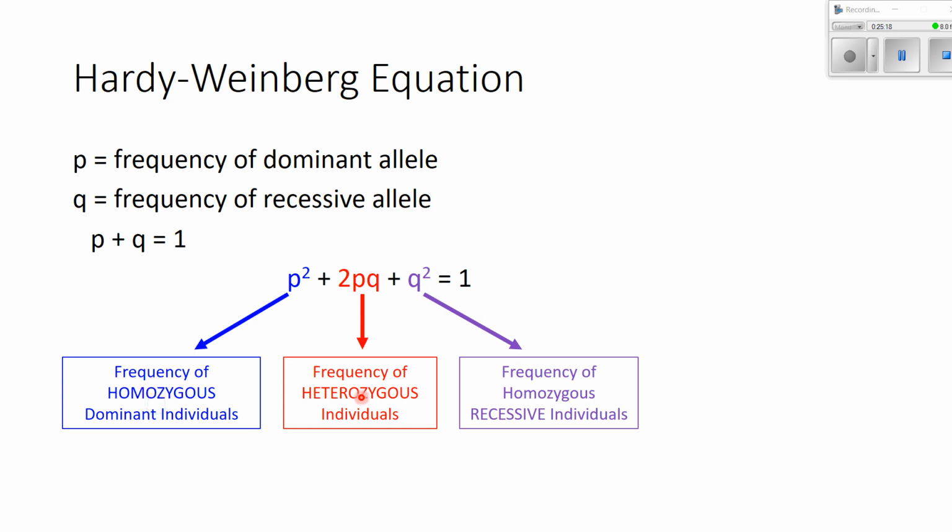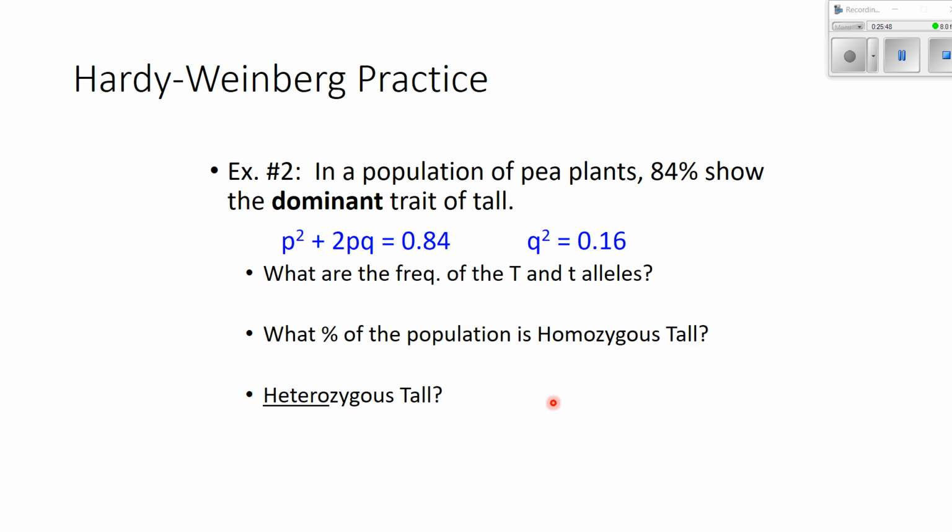No, the heterozygous, right? In other words, the big T plants, they would be tall, but so are the big T, little t plants. So the only plants that are not showing the dominant trait are the homozygous recessives. So if they're telling you that 84% show the dominant trait, that means 16% are showing the recessive trait, and the only ones that show the recessive trait are the homozygous recessives.